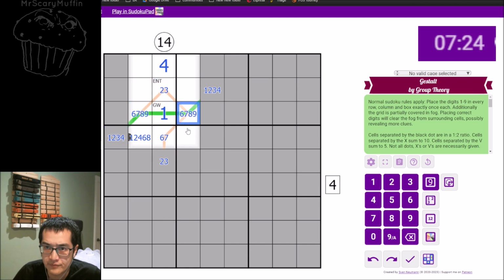How about the other way? If this was a 6, this would be a 1, this would be a 7. And it's just blown wide open. It's not restricted at all.